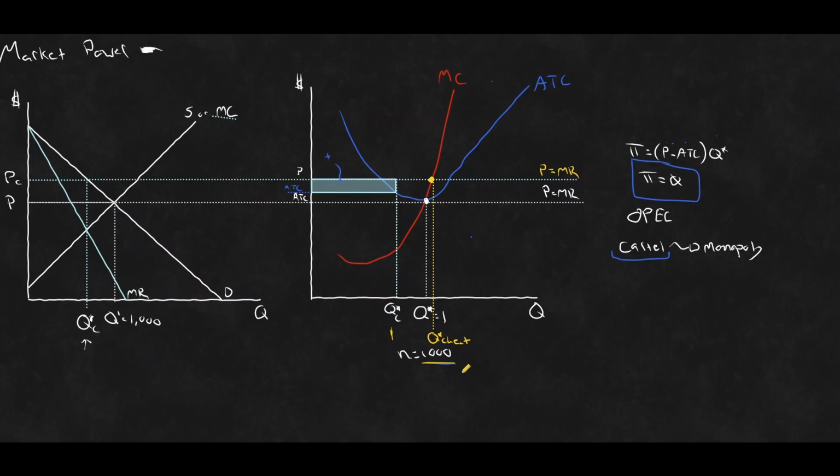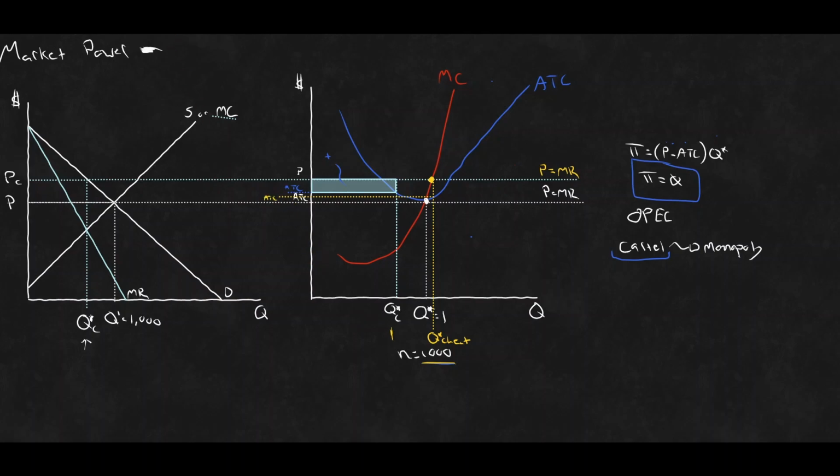If I'm at Q star cheat, I'm making more units at the same price, so that's going to be good. But also, what happens to my average total cost? Well, average total cost would be Q star up to the average total cost curve. Our average total cost is now lower. We now get this new lower average total cost in this scenario.